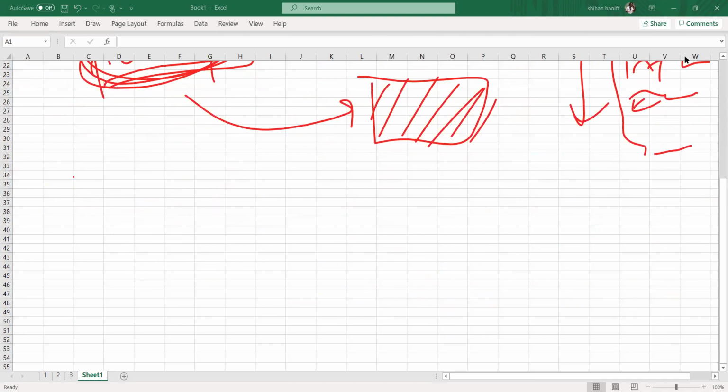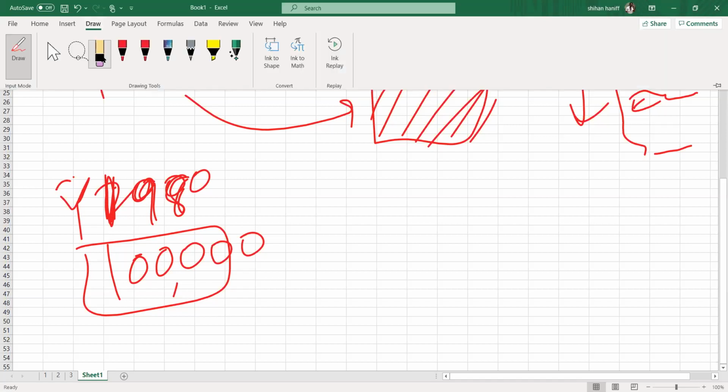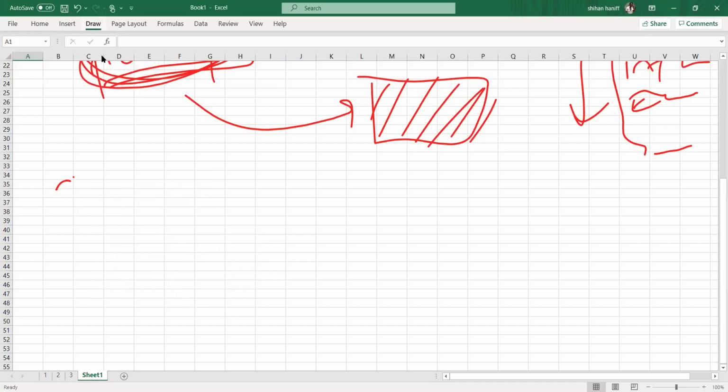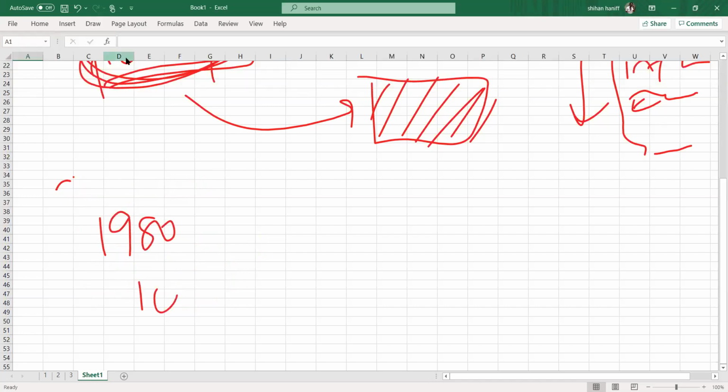The other side is, let's say in 1980, maybe your grandfather had 100,000 rupees.